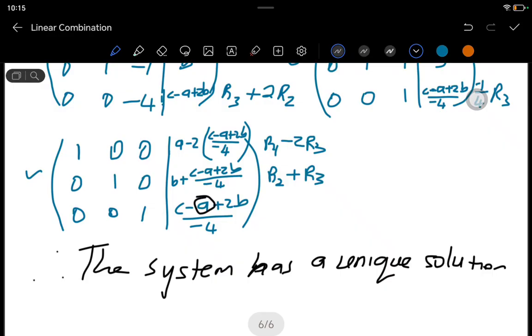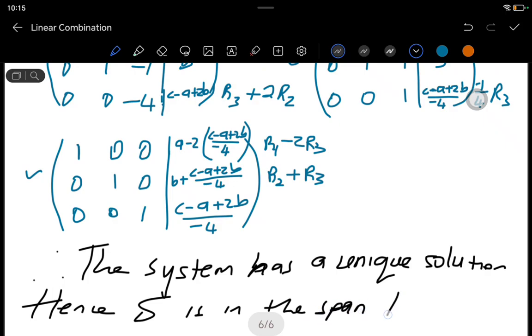Whether A becomes 0, 1, anything like that, the solution will always exist. So we can say hence, as is seen, S spans P2. So that was the question that we're checking, if S is spanning for P2.